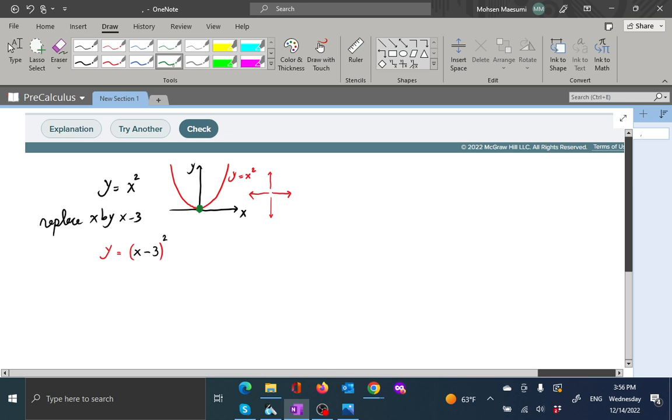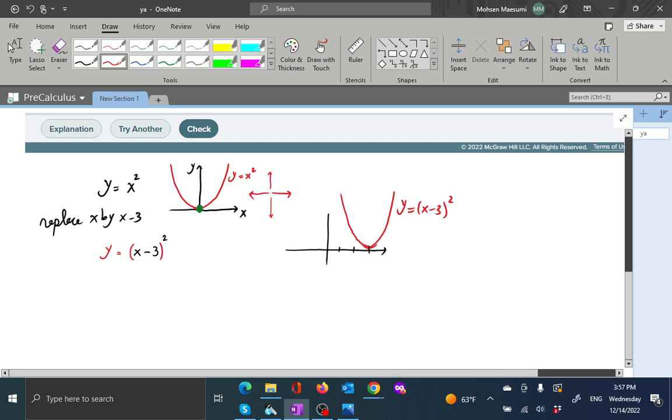Any other value of x I choose, I'm going to get a positive answer. So to get the result, take your graph, move it 3 units to the right, and then just draw whatever you had before. Just take that picture and move it over 3 units.